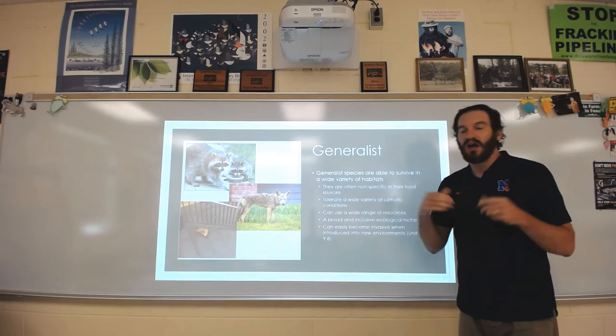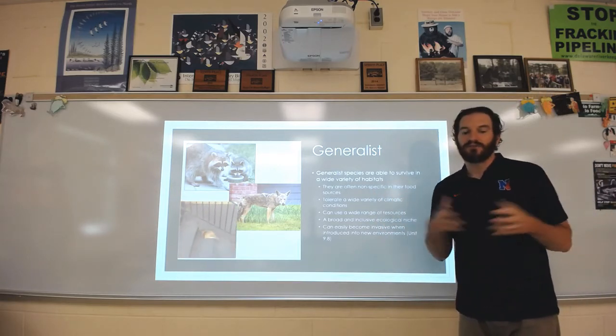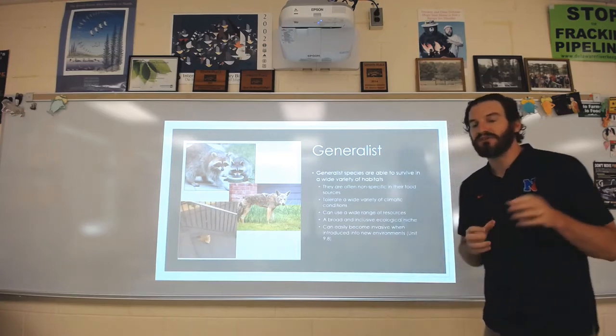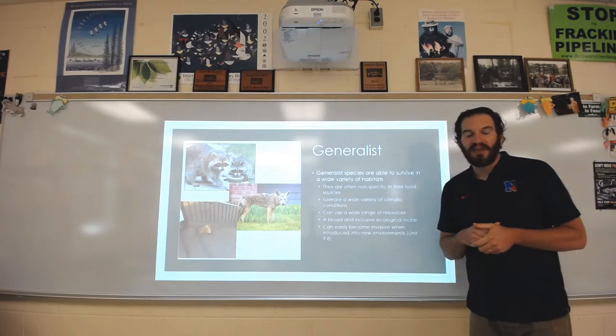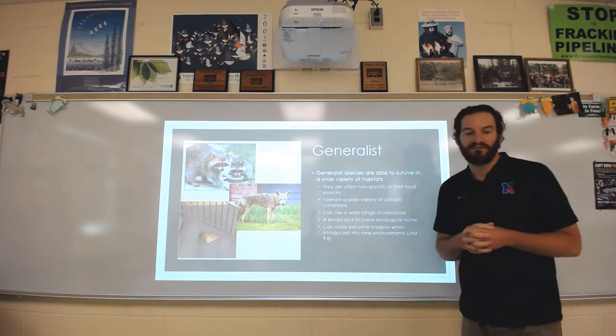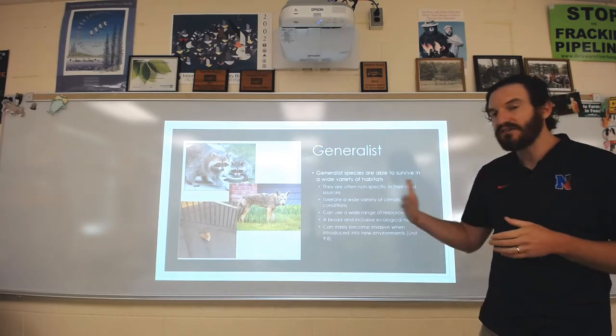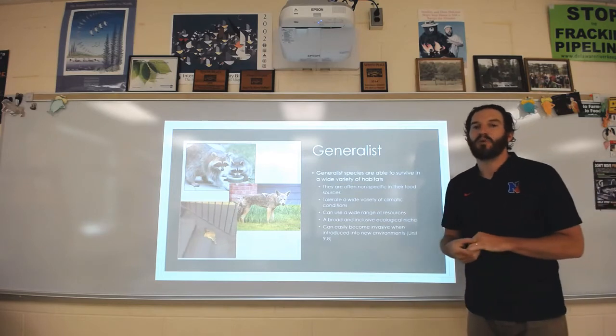They can use a lot of different resources within their life cycle, so missing one doesn't cause them to die off at all. They have a broad ecological niche that encompasses many different facets, and they can easily become invasive species, which we talked about in lesson 9.8.